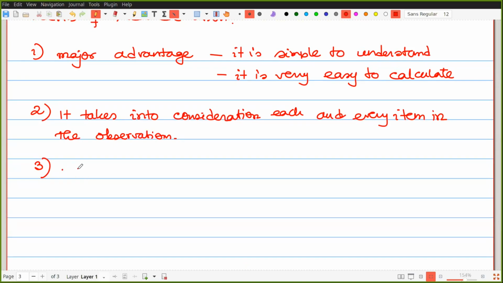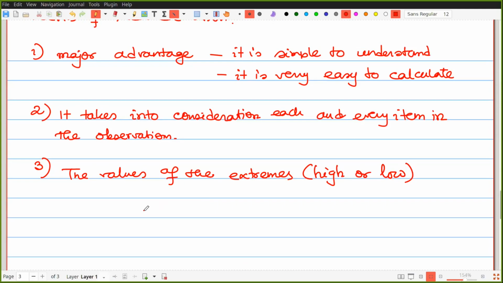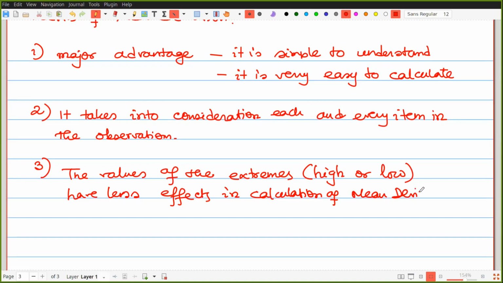Third one, the values of the extremes. Extreme means extremely high or extremely low. There is practically less effect in the calculation of mean deviation. Let's consider the range.